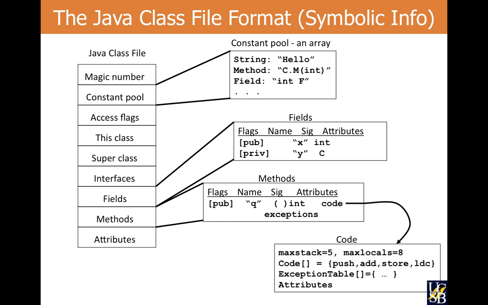Methods have an attribute, which is an array, which holds the actual code. The code is just the list of instructions that the method implements, and there are other attributes associated with this. We'll talk about max stack later, but it has a piece of data that indicates how many local variables are being used, what exceptions are called, and there may be some other attributes like where the source is in the file.